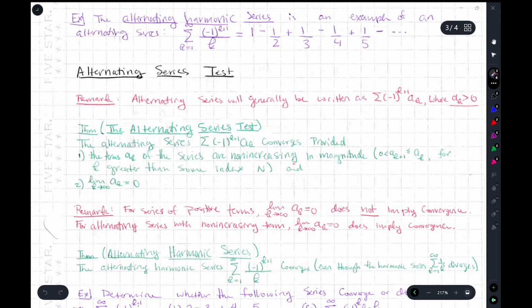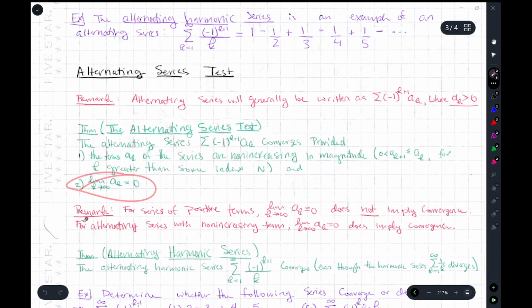That's what non-increasing means. Doesn't necessarily have to be decreasing, so you can get an equality, but a_(k+1) is less than or equal to a_k for k greater than some index n. And again, what that means is that the end behavior is what matters. So that's one condition, that you get non-increasing in magnitude.